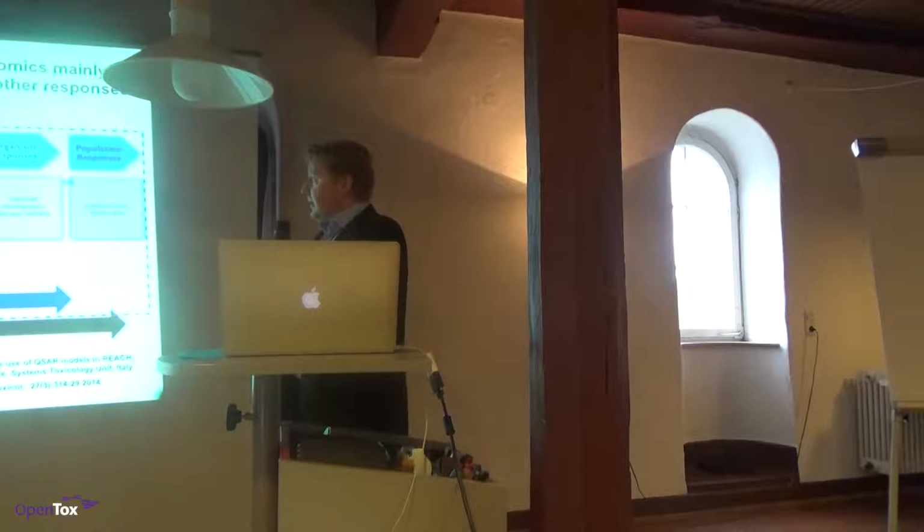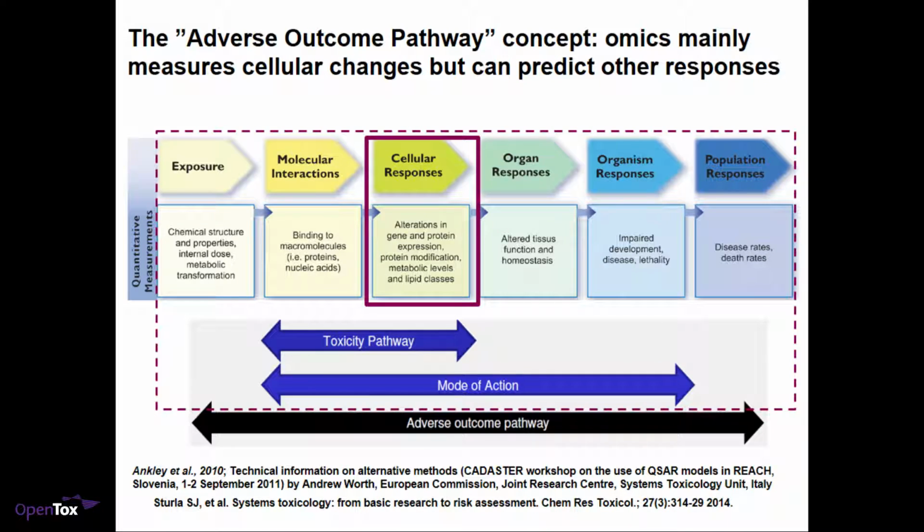To facilitate this extrapolation of results from cellular to organ and organismal level, the adverse outcome pathways concept has been developed. Omics studies, as shown in the middle, generally generate data of cellular responses, which can be predictive of exposure or molecular initiating events as a biomarker.